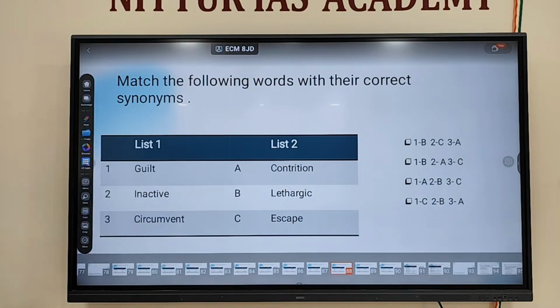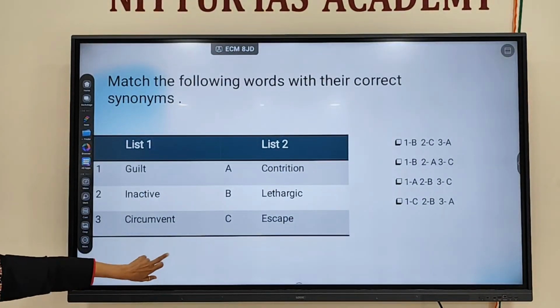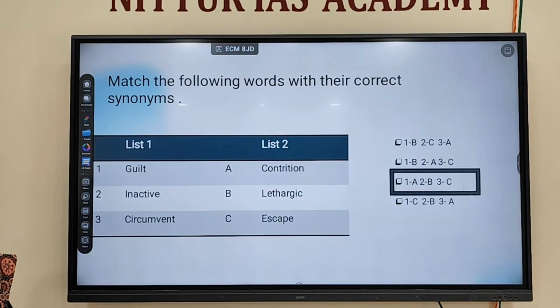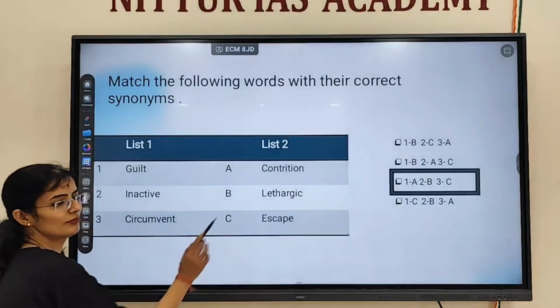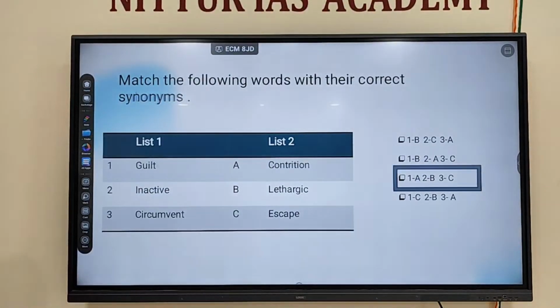Quick. Obstacle. To avoid. 1A, 2B, 3C. Avoid, actually avoid, escape, ignore. Escape is the correct answer for circumvent.